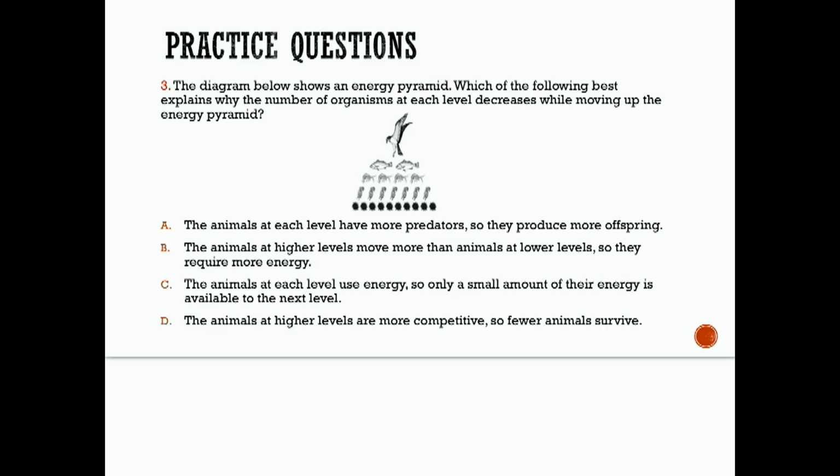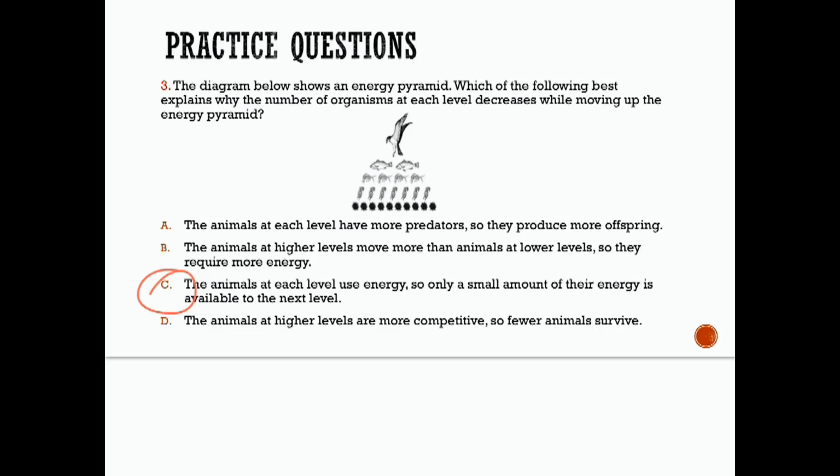However, the organisms at each level also use some of the energy to survive. So I think we're looking at C here. This means that only about 10% of the energy produced at each level is available to the level above it. So the animals at each level use energy, so only a small amount of their energy is available to the next level.